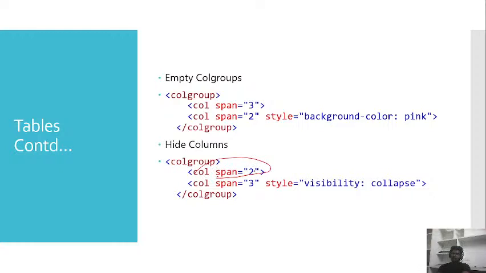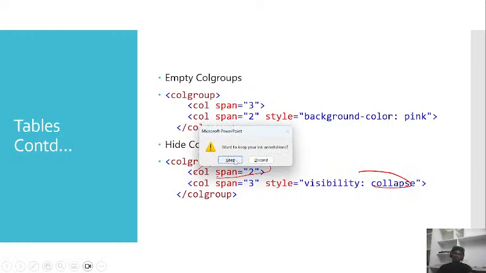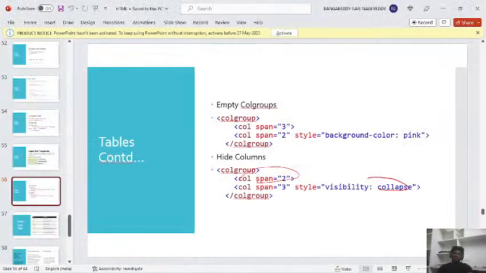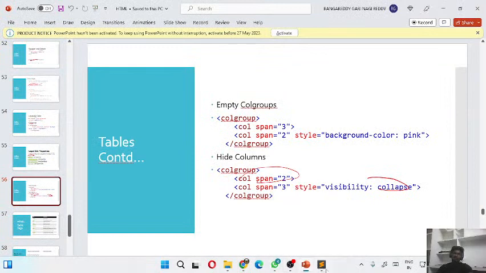Column span equals 2, and then visibility collapse. Collapse we have to do, where we gave hidden, right? Collapse.